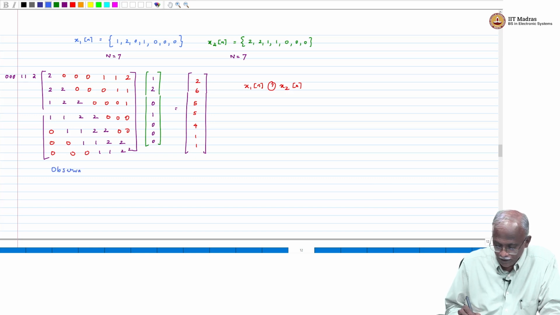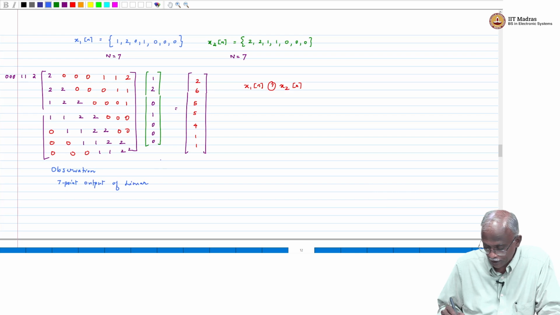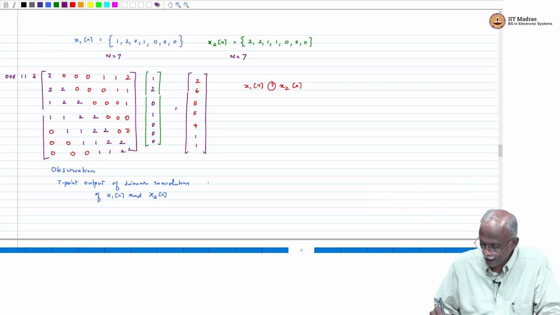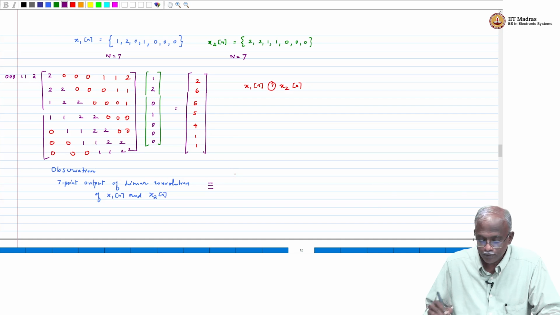The observation is that the 7-point output of a linear convolution of two sequences of length 4, convolution of x1 of n and x2 of n, produces identical results to the 7-point circular convolution of x1 prime of n and x2 prime of n.